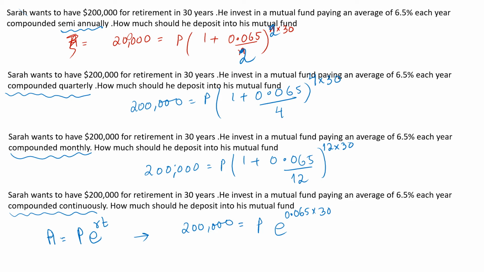So in this one question I explained each and everything: when compounded annually comes, you have to take n equals 1. In case of semi-annually, you take n equals 2. Similarly, quarterly, monthly, and continuously, how you have to solve. The rest of the algebraic calculations you already know. My work was to just familiarize you with this formula.